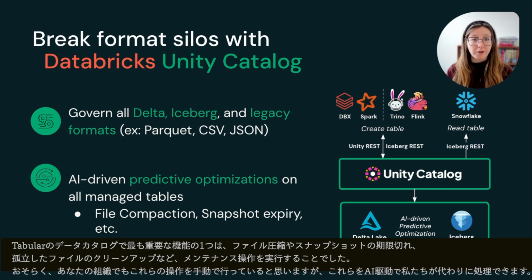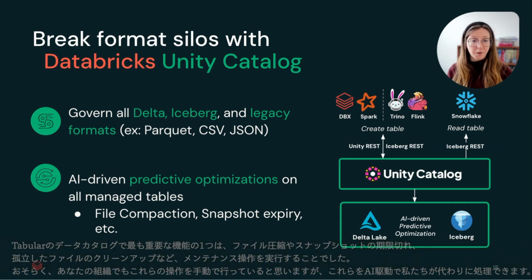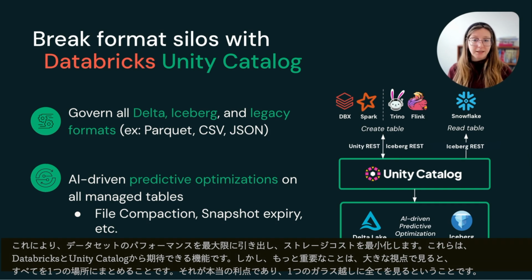So this was your file compaction, your snapshot expiry, cleaning up orphan files. So you may be running these functions yourself manually in your organization. So we can take care of all of that for you in an AI-driven way to make sure your data sets are performing the absolute best that they can while minimizing storage cost.